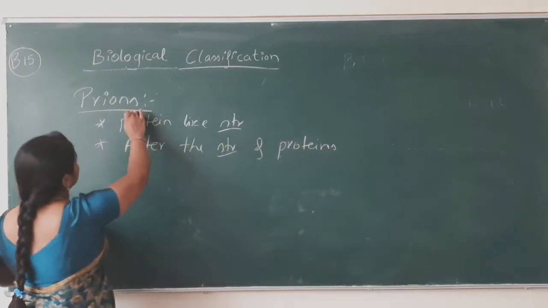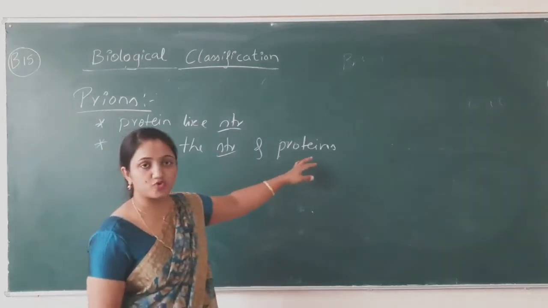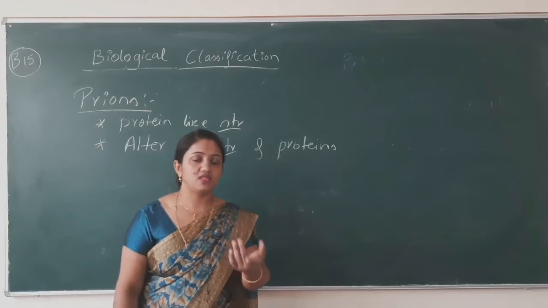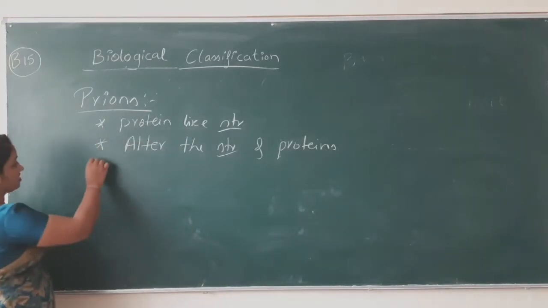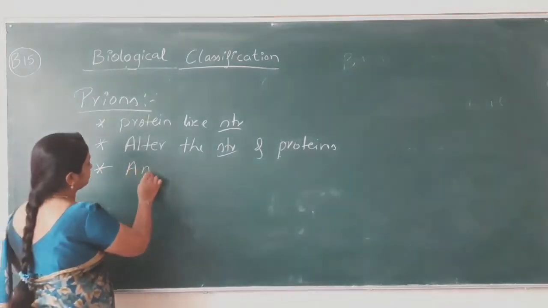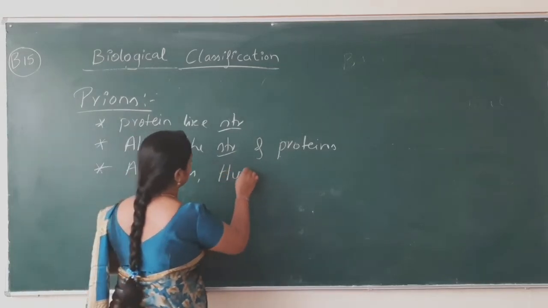What these prions are doing is altering the structure of proteins which are present in human beings or in the sheep or cow. Okay, second thing, to whom is it causing? It is causing diseases to animals and humans.